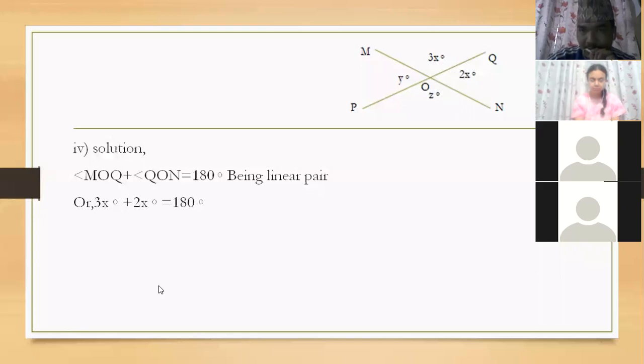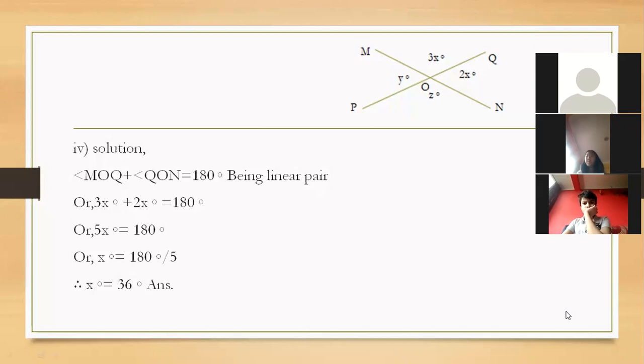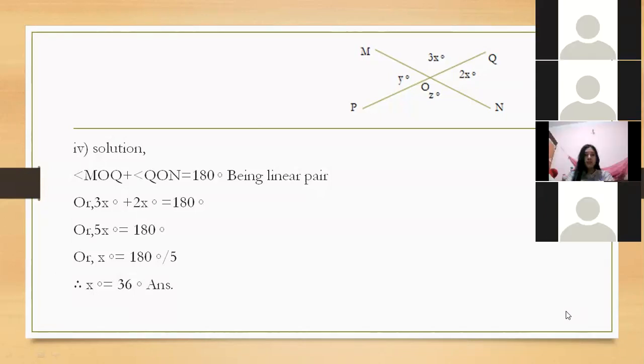Then 3x plus 2x is 5x, and this is 180 degrees. When 5 goes to the other side to divide, you will get the value of x. The x value came 36 degrees. Are you clear, children? Yes, sir.